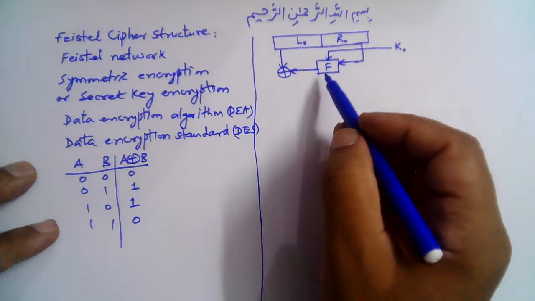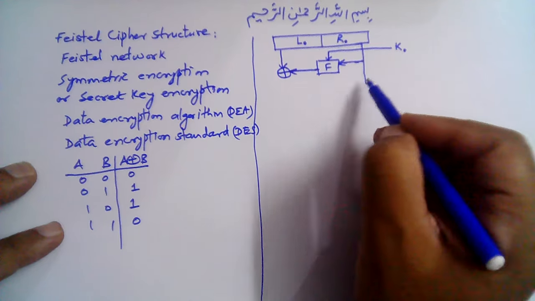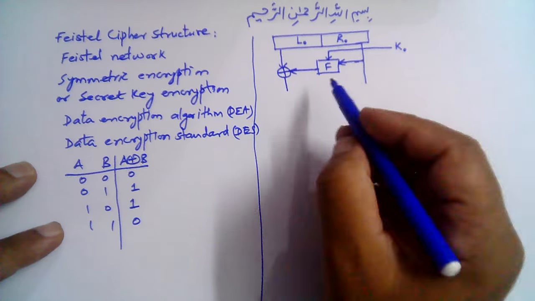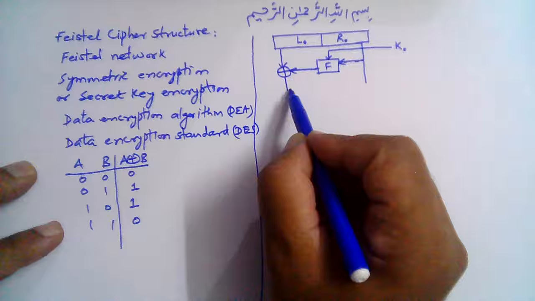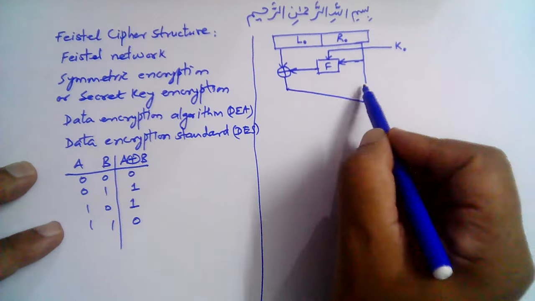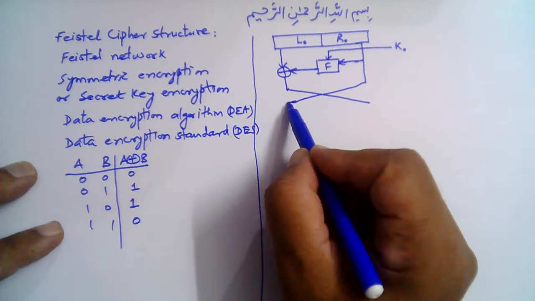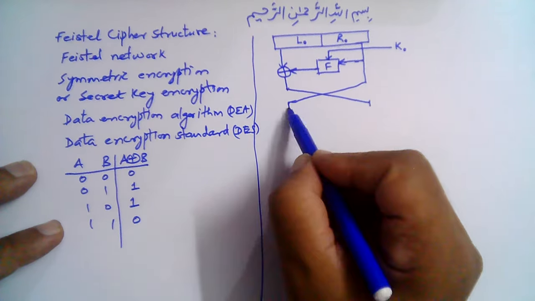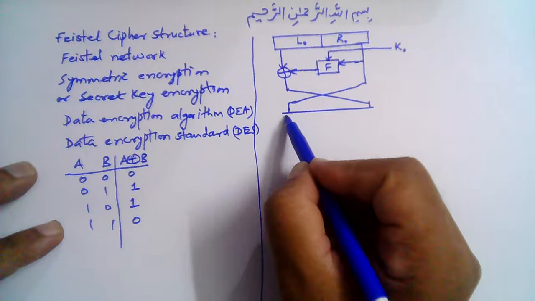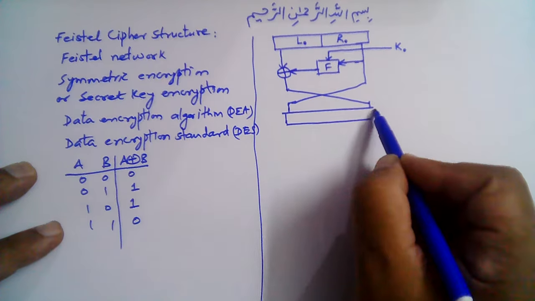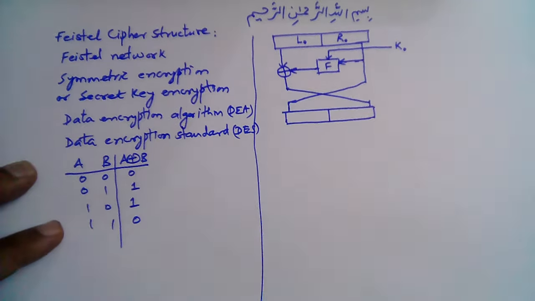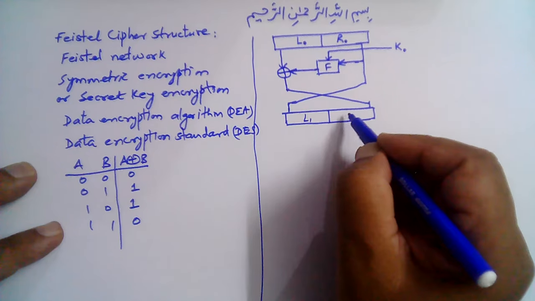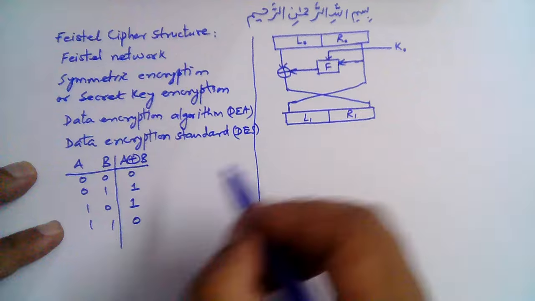This completes the first round. After the first round, the halves are swapped. This goes to this side and this goes to this side. Now we have the data after the first round; let's call this L1 and this R1.